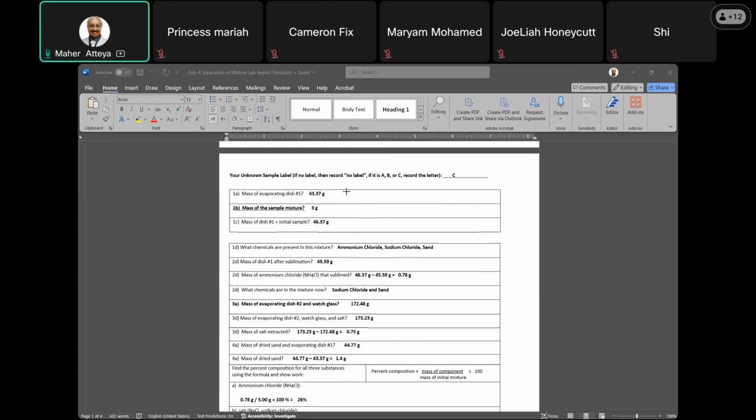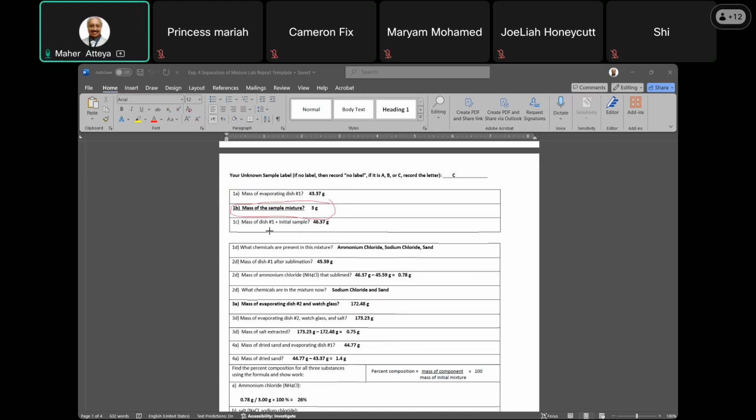If you look, this is the mass of evaporating dish number 1, empty, correct? And we have here the mass of evaporating dish plus glass, empty. So that's the beginning you will do. You will add 3 grams to dish number 1.